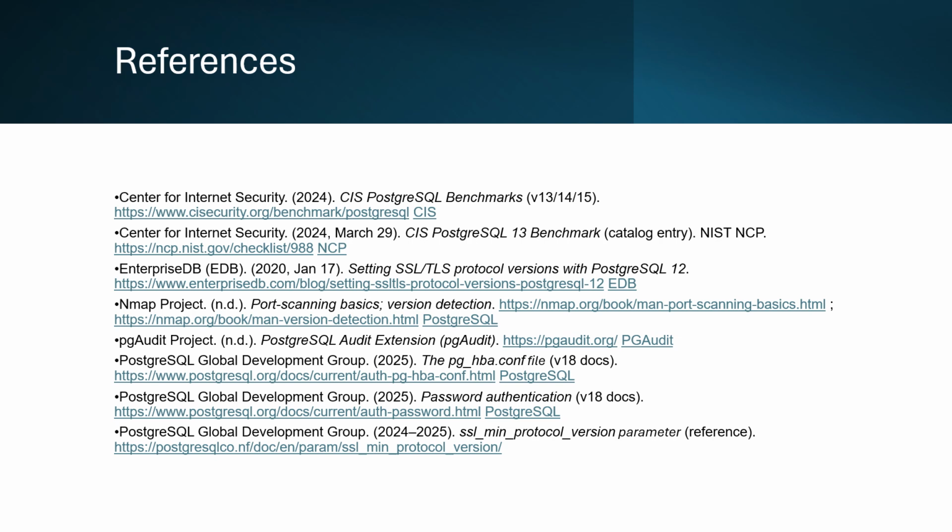I also rely on trusted security guidance for secure database deployments and the pgAudit project documentation for auditing and accountability features. Together, these resources ensure that every configuration and hardening step I implemented was aligned to real world standards.